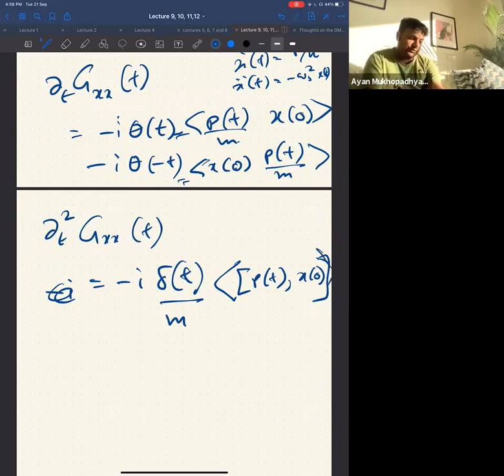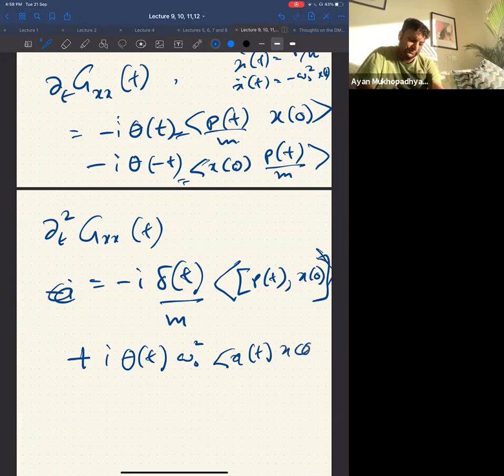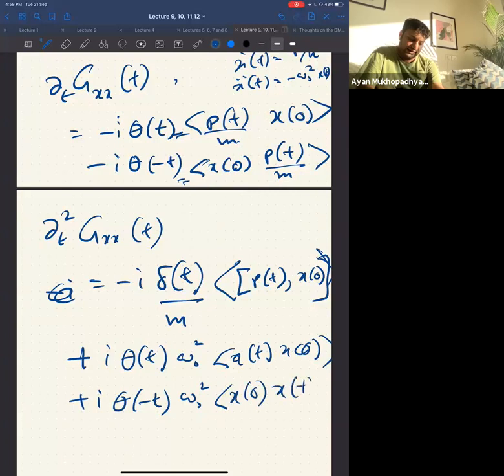Okay. And then of course I would get a derivative of p, but p dot t is equal to minus omega naught squared x. So here I get minus theta t omega naught squared x_t, with x_t x_0, and plus i theta minus t omega naught squared x_0 x_t.